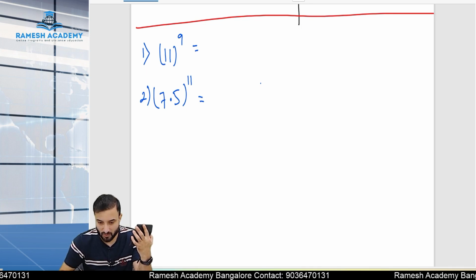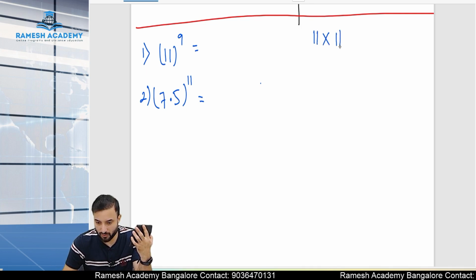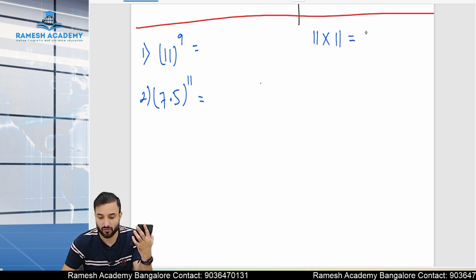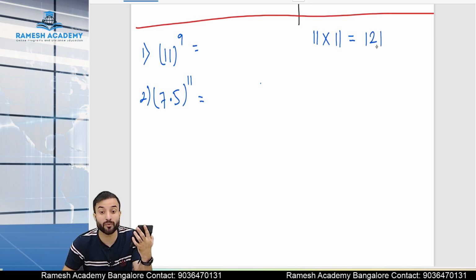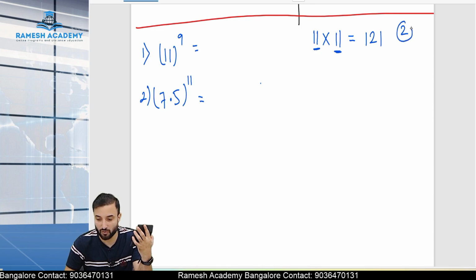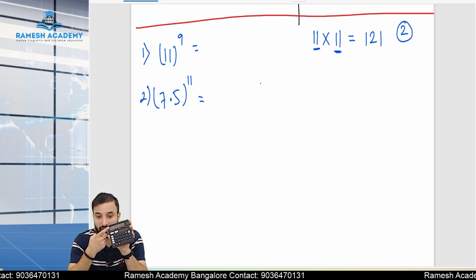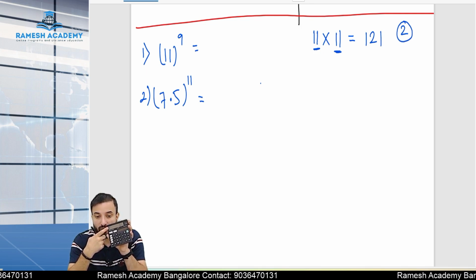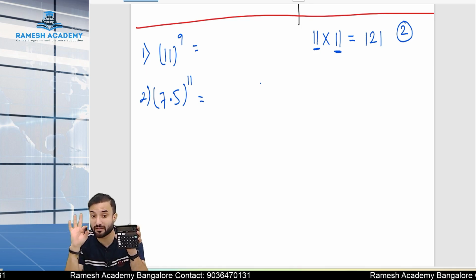Very good. So you will get 121. This is 2 times, because 11 into 11, one time, second time. You get 121. But see, in the calculator, how many steps are they showing? They are showing 3 steps.